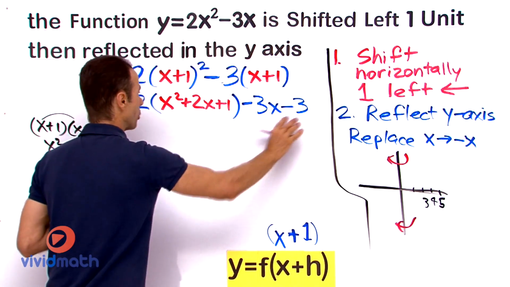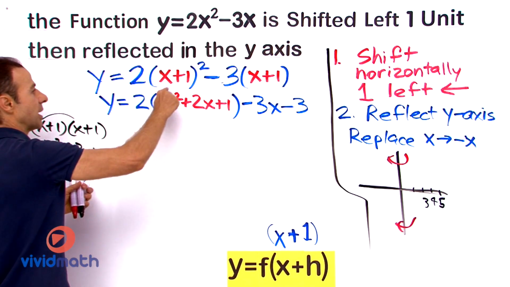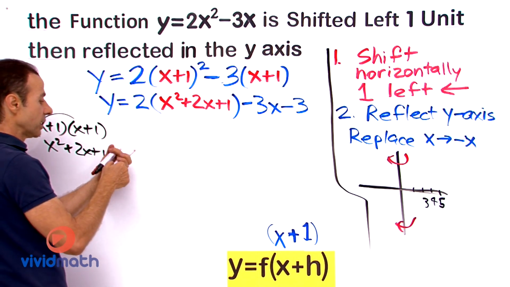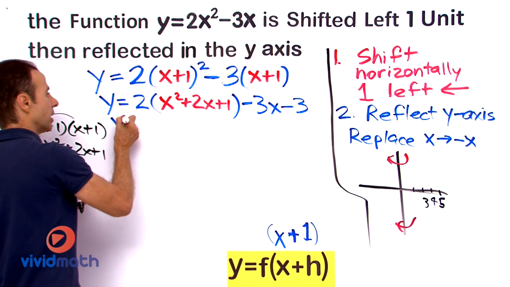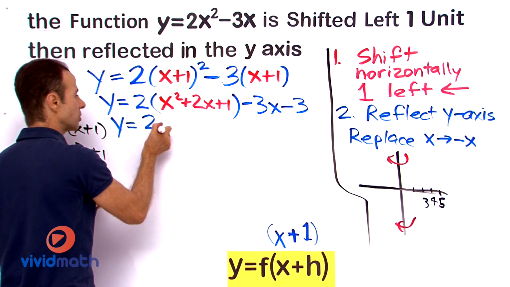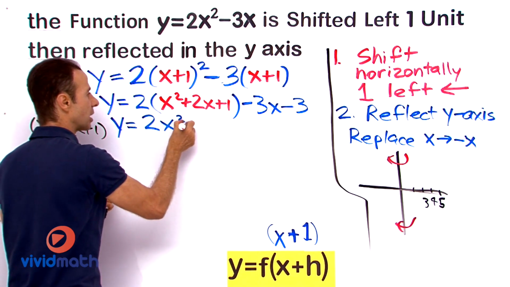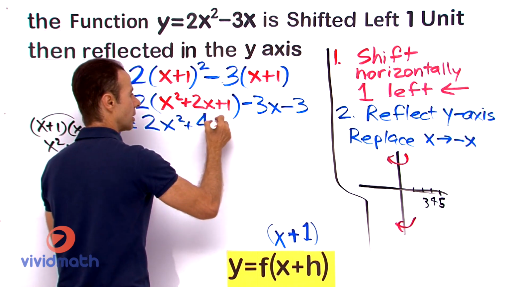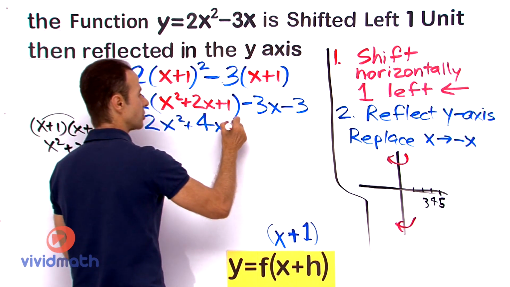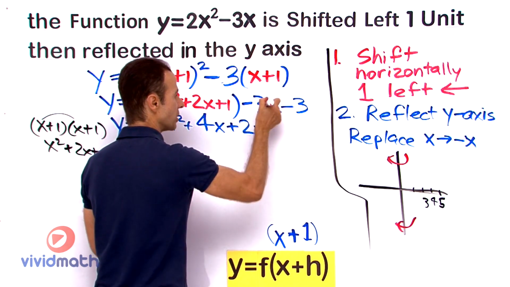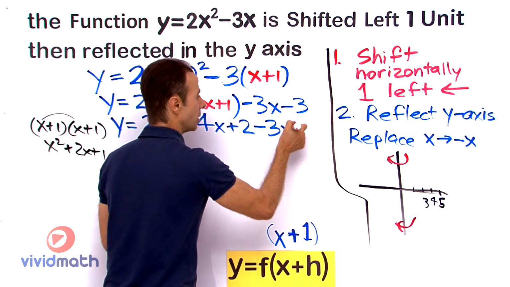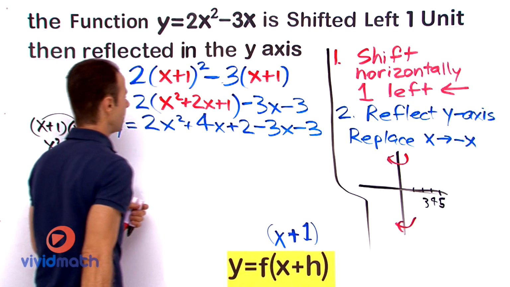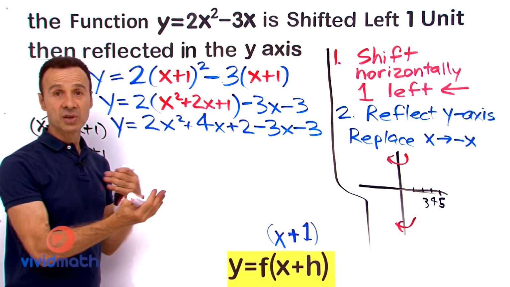Okay, so let's keep working with this. So I'm going to expand this using the distributive property. So that means we have y equals 2 times x squared, 2x squared, plus 2 times 2 is 4x. 2 times 1 is plus 2, minus 3x, minus 3. Let's collect like terms, similar ones.